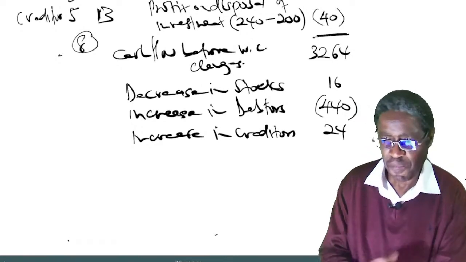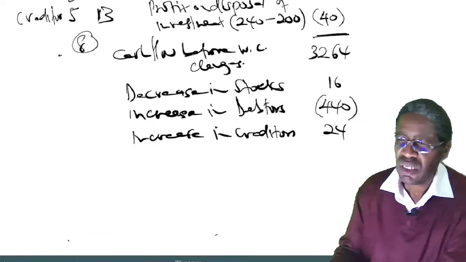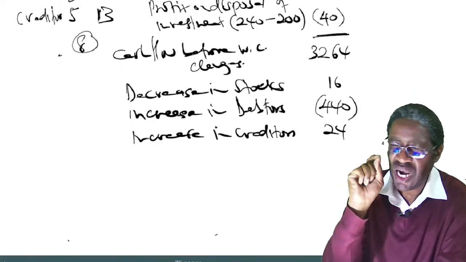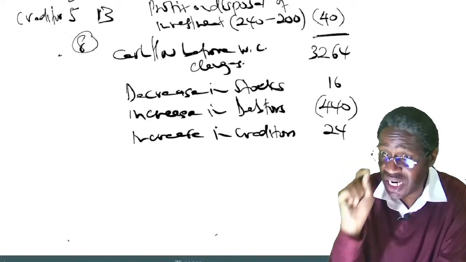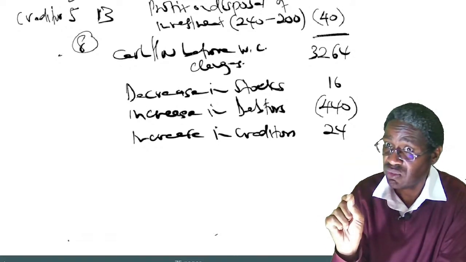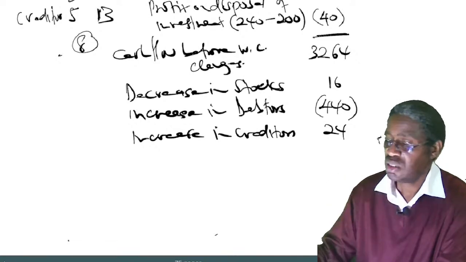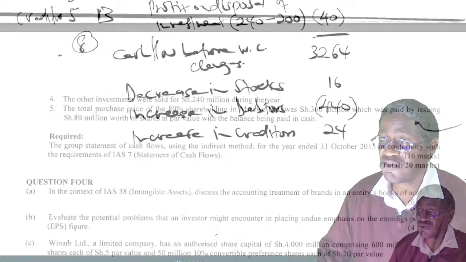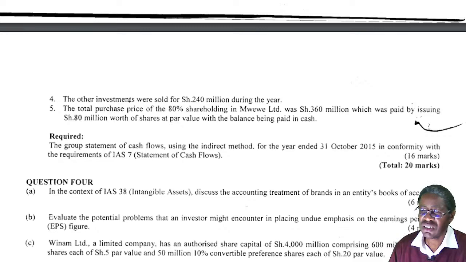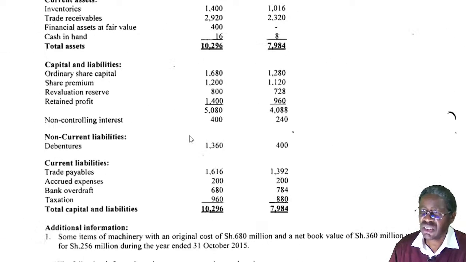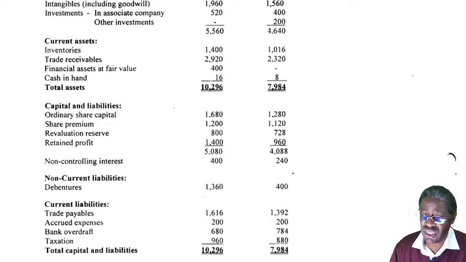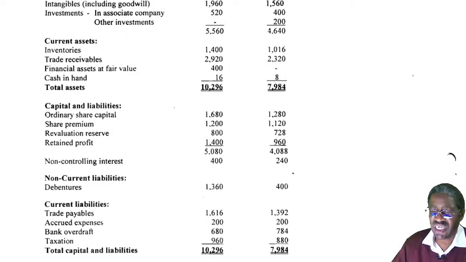Listen carefully. I am through with the working capital items: stocks, debtors. That is from the current asset part of your balance sheet. From the current assets, you can see here we had inventories, trade receivables.